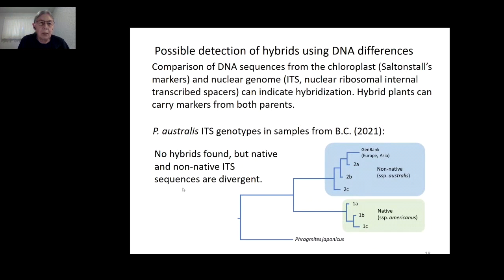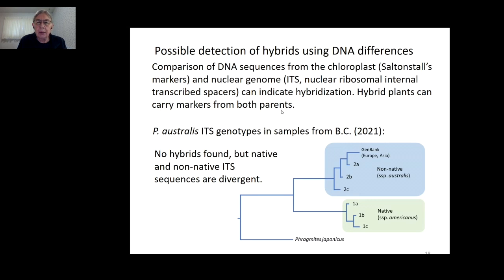So most recently, we looked at some samples in which we looked at a DNA region in the nuclear genome, the ITS region, which is very commonly used to look at variation within species. It shows a lot of among individual variation. And so we were interested in whether comparing the chloroplast DNA and the nuclear DNA markers would indicate hybridization, because hybrid plants could often carry markers in which they inherited one thing from one parent and one thing from another.